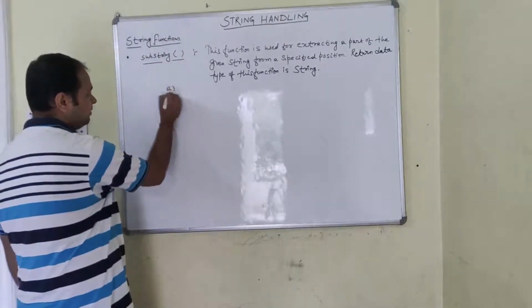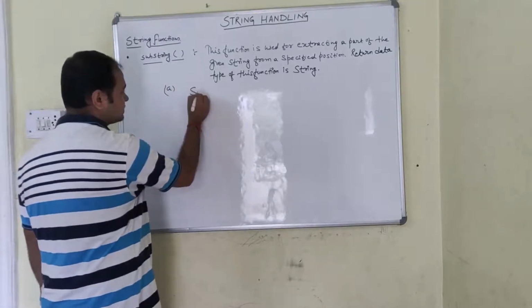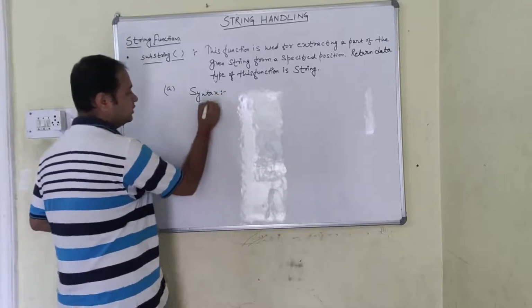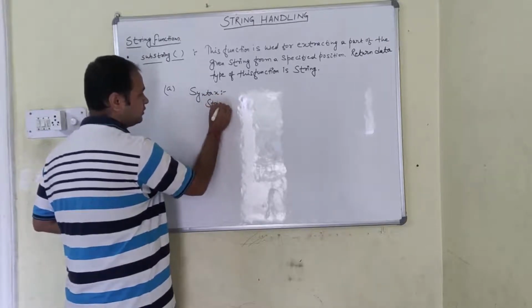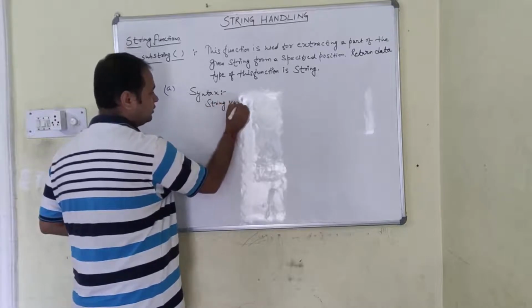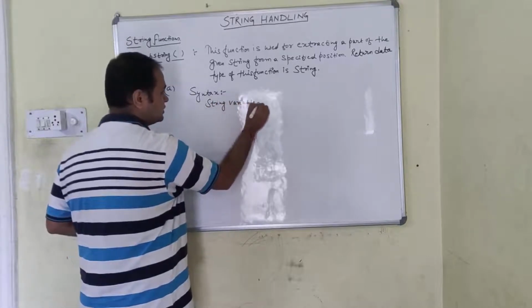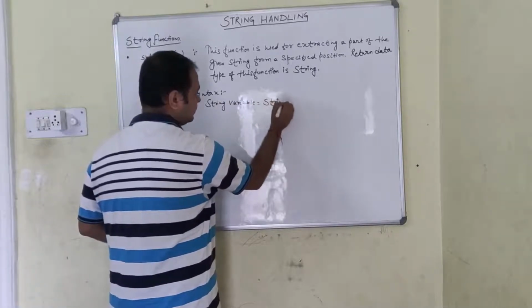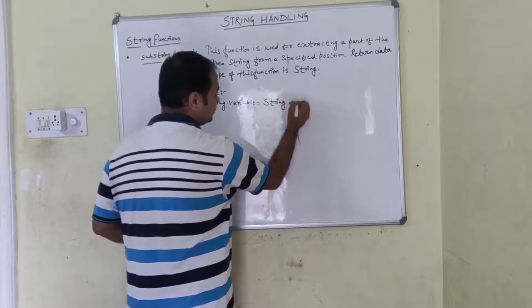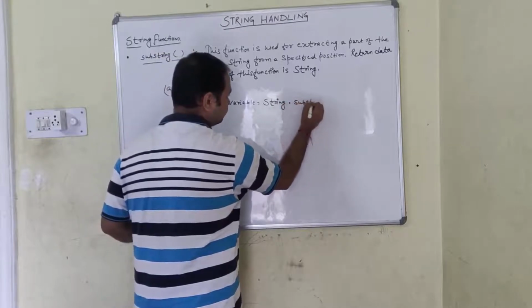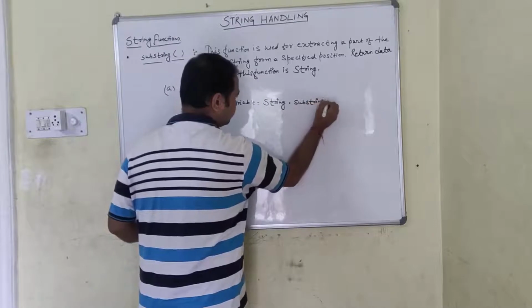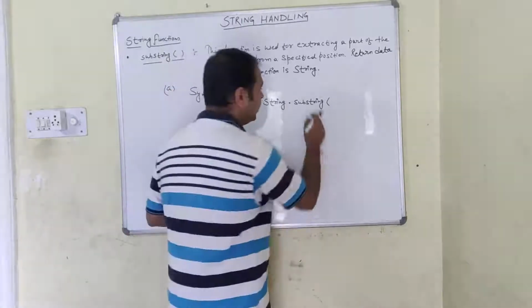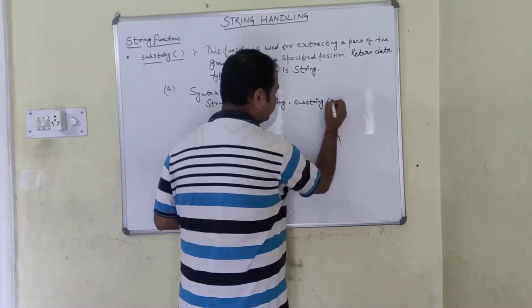So I am writing here A. The syntax which we will follow is: your string variable is equal to string dot substring, and within the parentheses of this function I will write the parameter, the index.